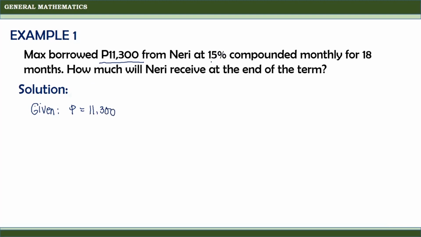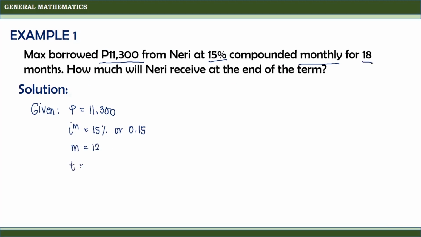Moreover, the interest rate is 15%, therefore IM is equal to 15%, or in decimal, 0.15. The frequency of conversion is compounded monthly, so M will be equal to 12.